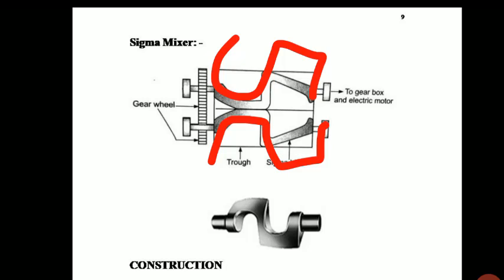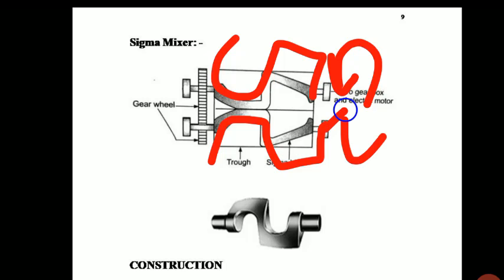They rotate in a counter manner to distribute the solid fillers into the liquid phase. The two counter rotating mixing arms rotate at different speeds, as we have seen already. This will rotate at one speed and this will rotate at another speed.